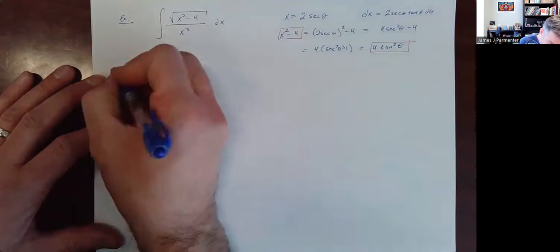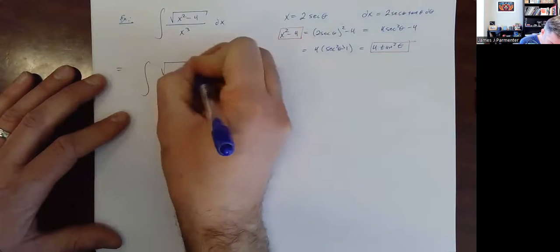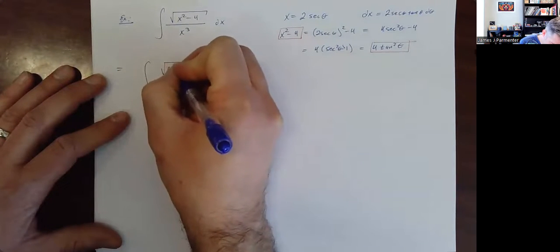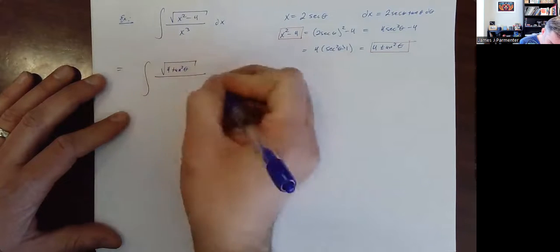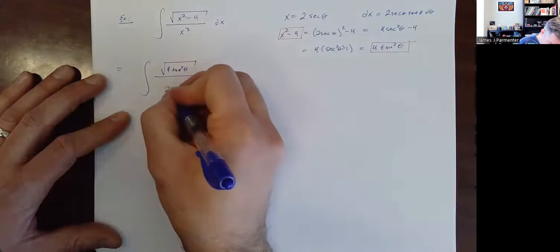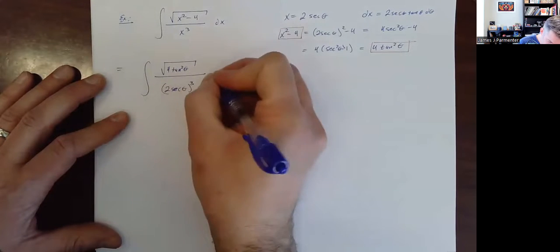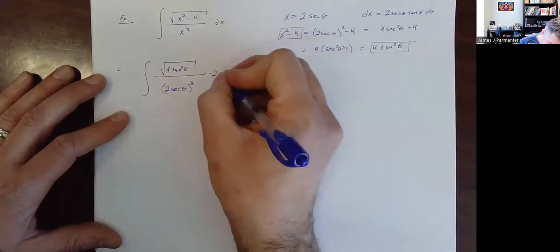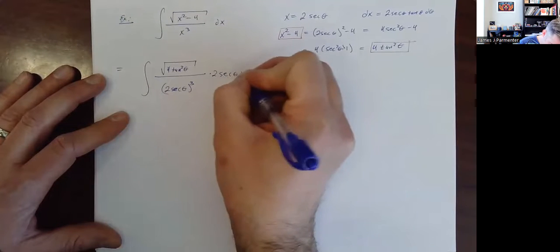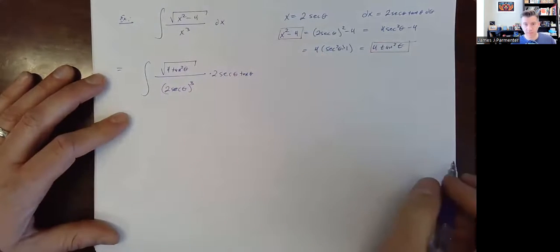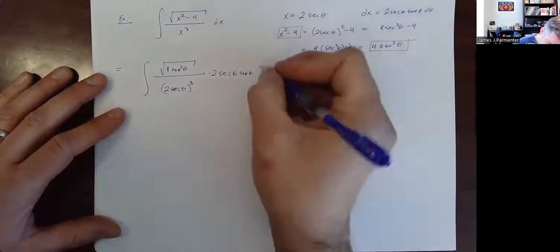So this integral is going to equal the integral of the square root of 4 tangent squared theta over 2 secant theta quantity cubed, times dx, which is 2 secant theta tangent theta. It's a little ugly here. So simplify.